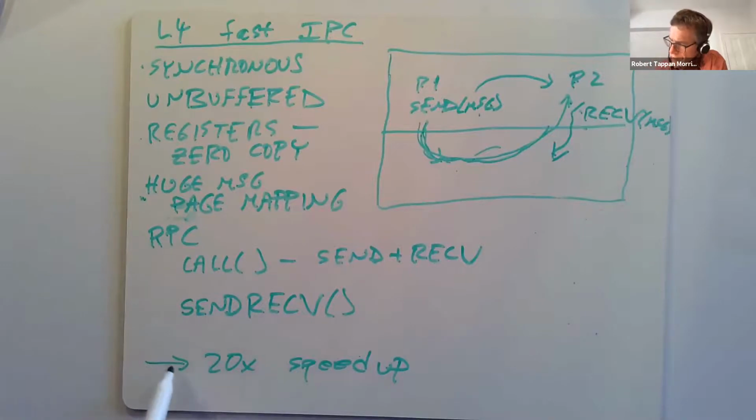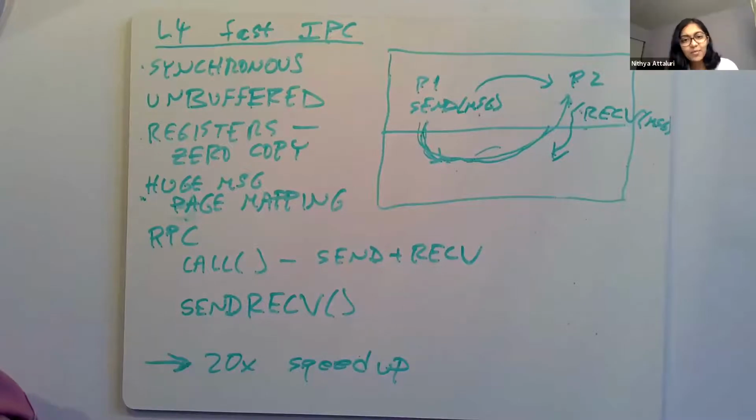This paper came out a few years before people were reading it, and this caused people to view microkernels a little bit more favorably, that the IPC could actually be made quite fast. Any questions about these IPC tricks that L4 plays?